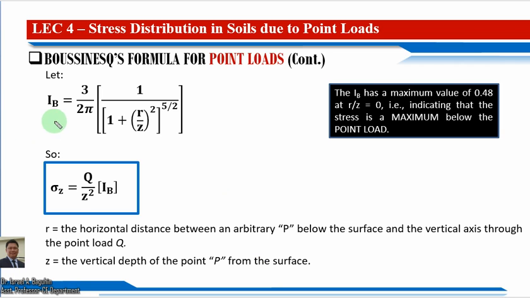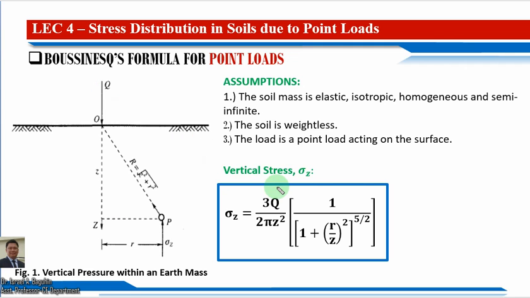Proceeding, we have this formula of the vertical stress sigma z, which is equal to 3Q over 2 pi z squared times the quantity 1 over 1 plus the ratio r over z squared, raised to the exponent of 5 halves.